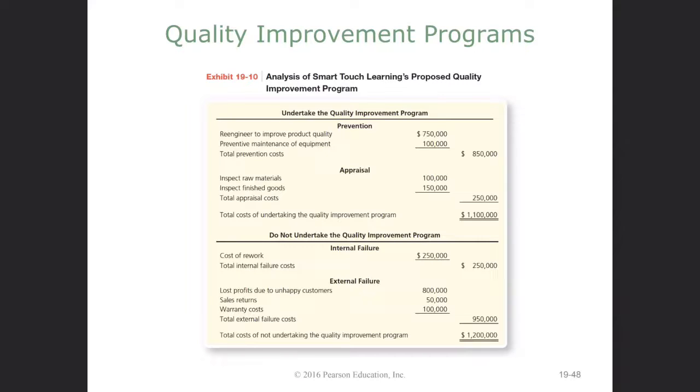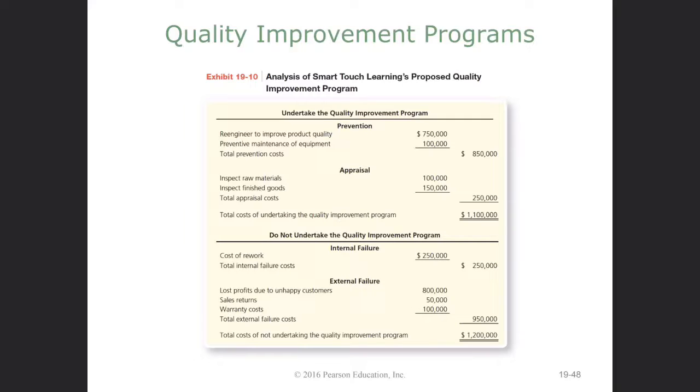If they decide not to do the quality improvement program and they end up having internal failure, the internal failure cost is going to be this amount. And if they happen to have external failure, it would be this amount. So the total cost for them not to take the quality improvement program would be $1,200,000.